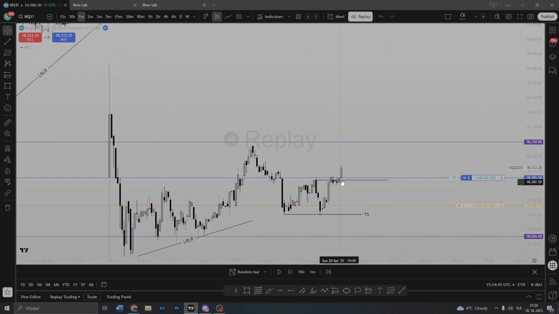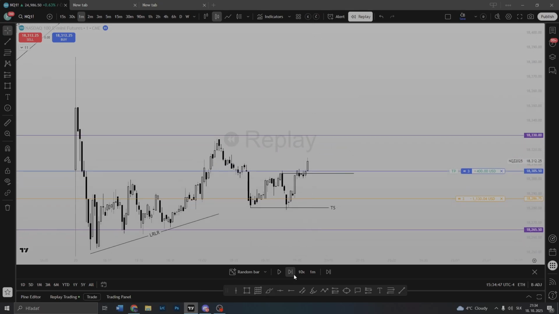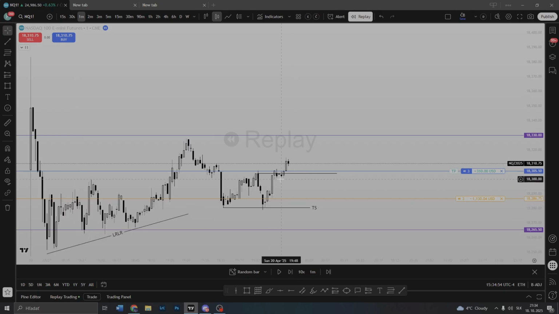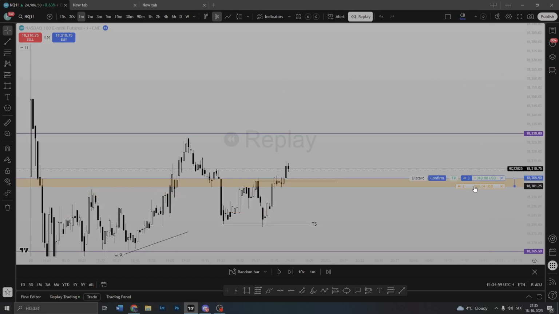Okay, nice strong candle and a confirmation for us. So now I definitely don't want to see us coming back to this low, so I can just put my stop loss to it, or to there.